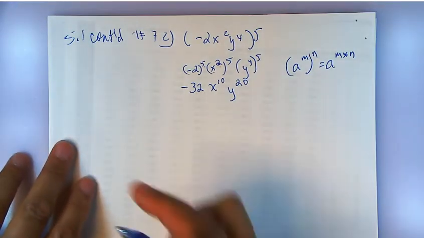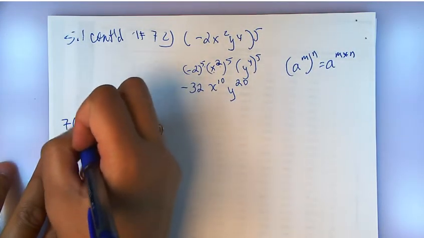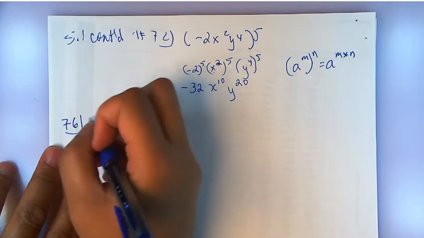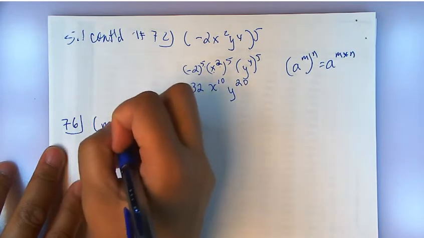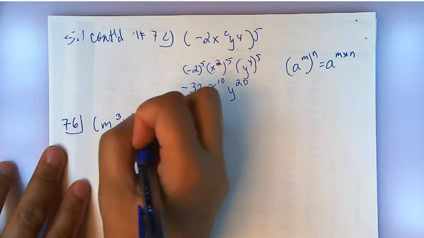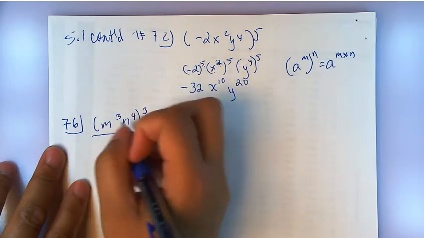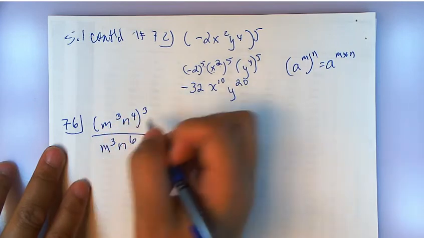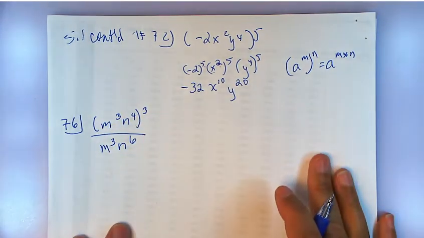Let's try another one. Let's do number 76. Let's see what 76 says. We have m to the third, n to the fourth, to the third power, over m to the third, n to the sixth. So let's try this problem and see how we come out.